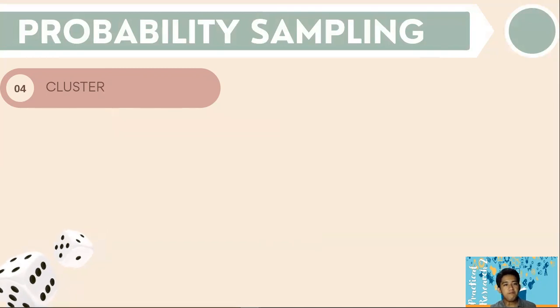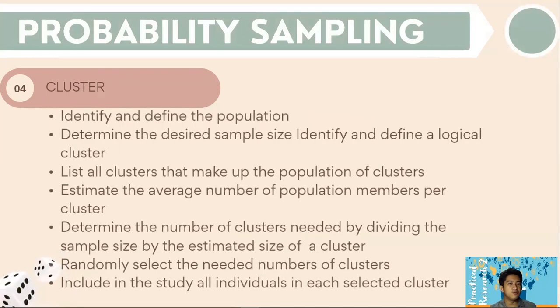In order for us to use the cluster sampling, again, we identify and define the population and determine the desired sample size. We also identify and define the logical cluster. In such case, if it's a school, then we use the sectioning. Then list all clusters that make up the population of clusters and estimate the average number of population members per cluster.